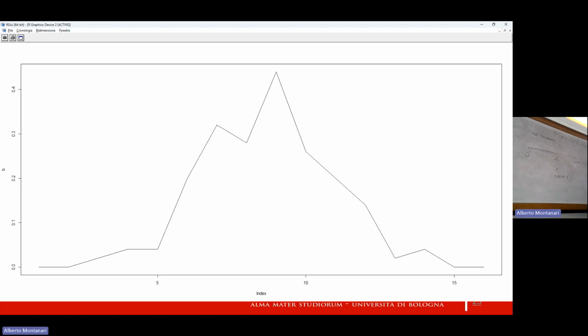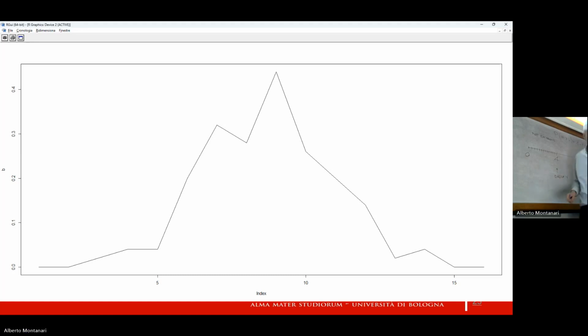In order to get the probability of not exceedance, let's call it capital B of 4, it is given by the integral between 0 and 4 of the density, let me indicate with the lowercase p the density of x. So if I compute the integral of the density, I get the probability of not exceedance.